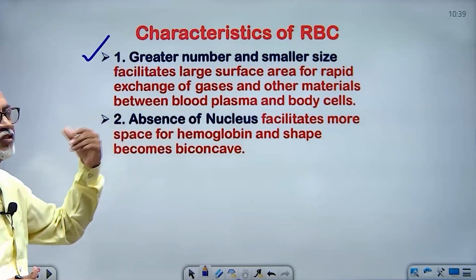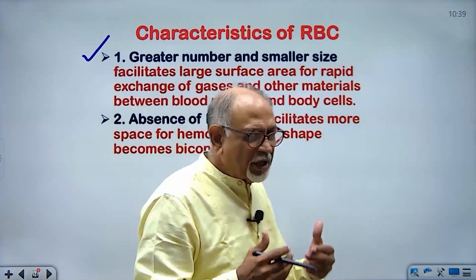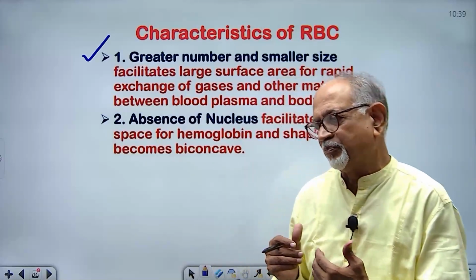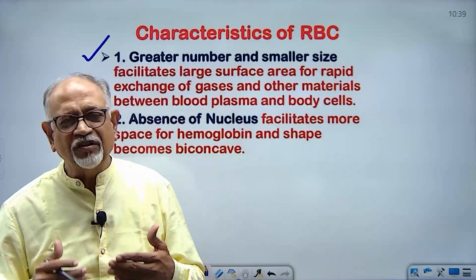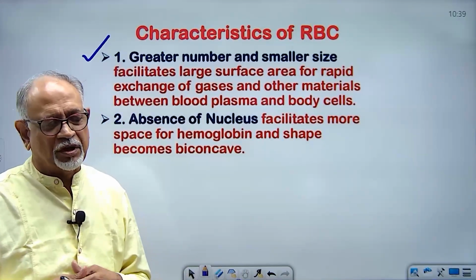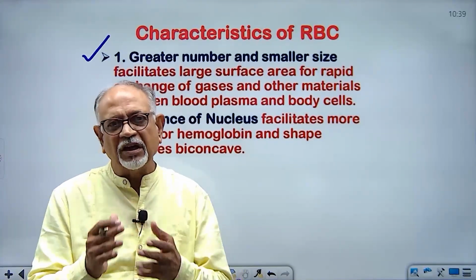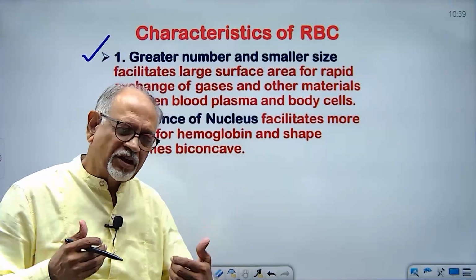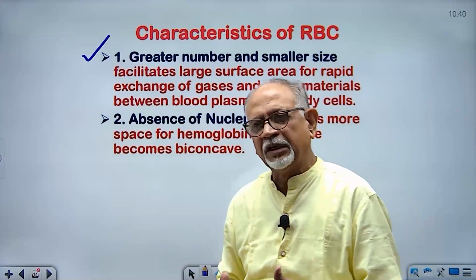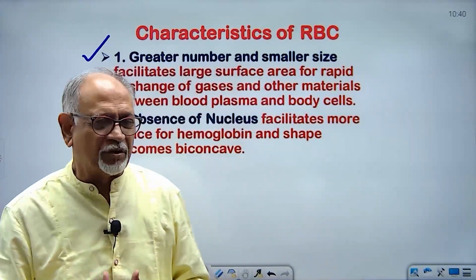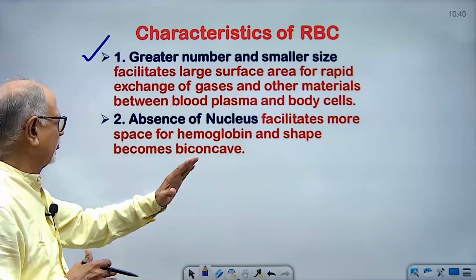Second is the absence of nucleus. You know, during the maturation of RBC, in the late normoblast stage, when it converts into reticulocyte stage, the nucleus becomes smaller, it becomes condensed, and ultimately the nucleus and other cytoplasmic organelles like mitochondria, Golgi and others, they disappear totally so as to provide maximum amount of hemoglobin.